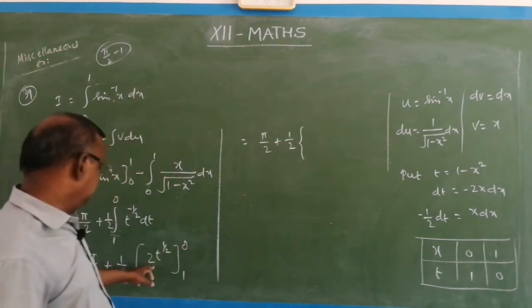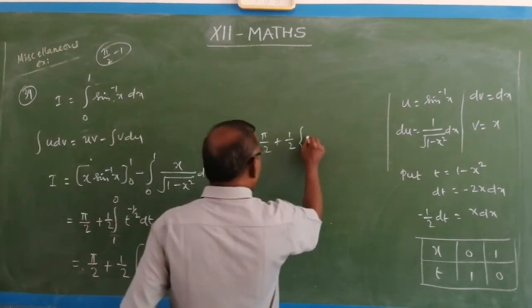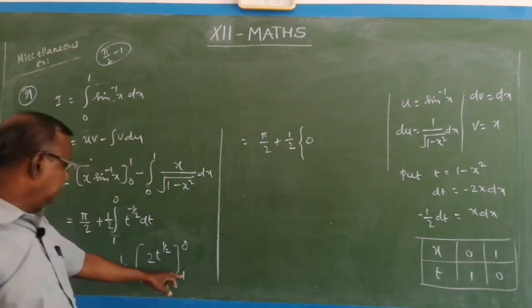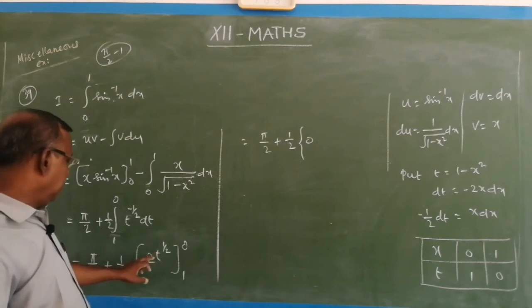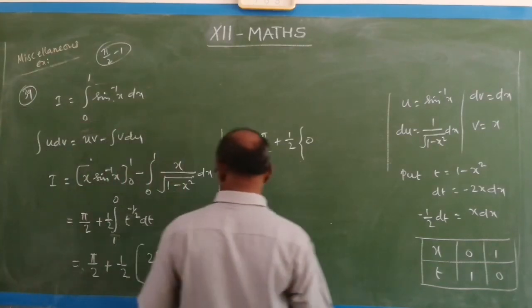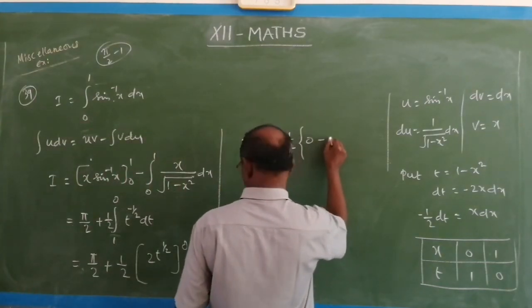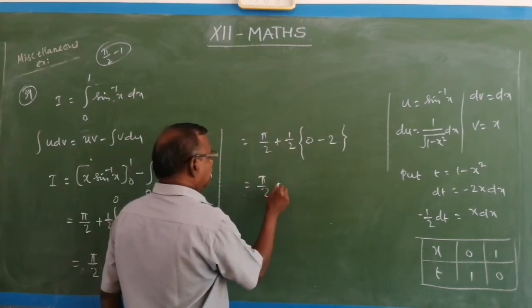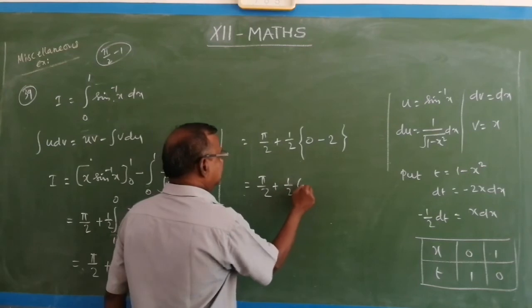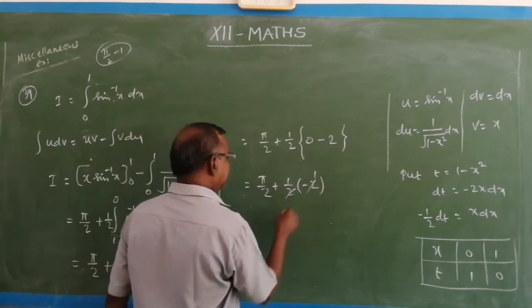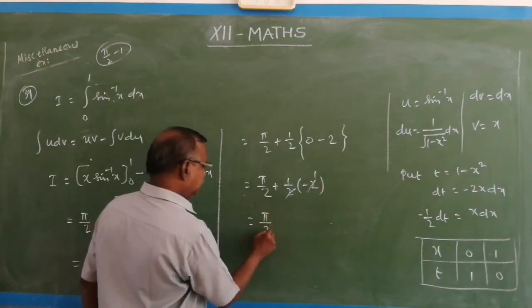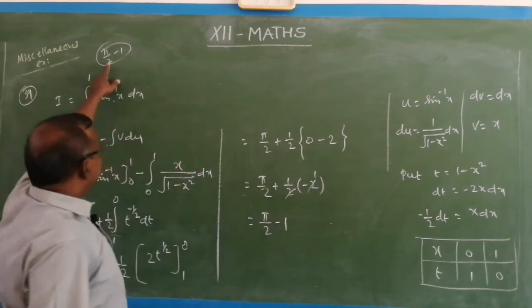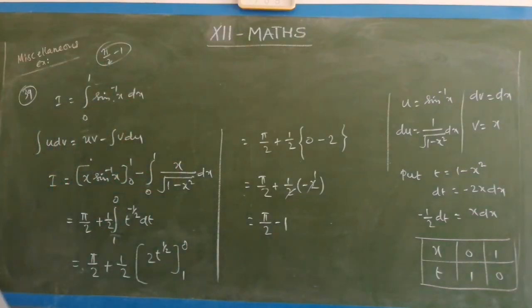When t equal to 0, it is 0, and when t equal to 1 it is 2, so minus 2. So pi by 2 plus 1 by 2 into minus 2, that is minus 1, so it is pi by 2 minus 1. So the answer is pi by 2 minus 1, hence proved.